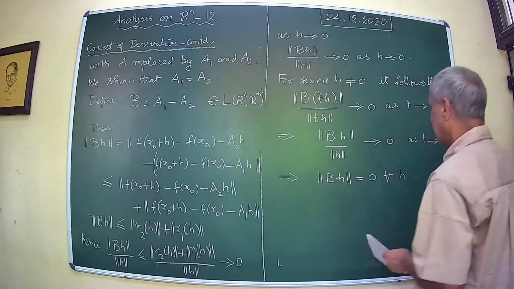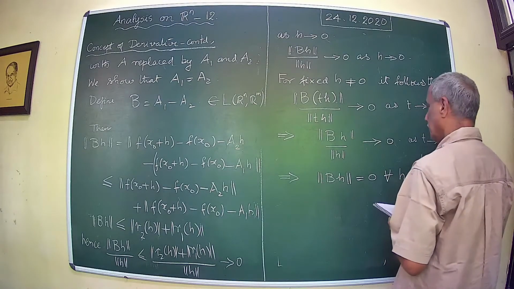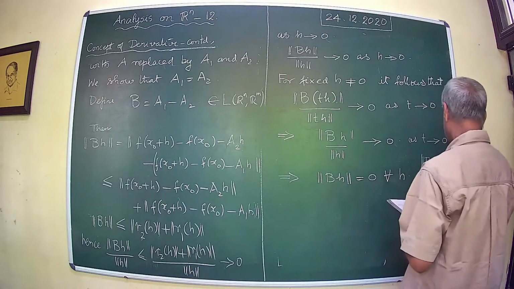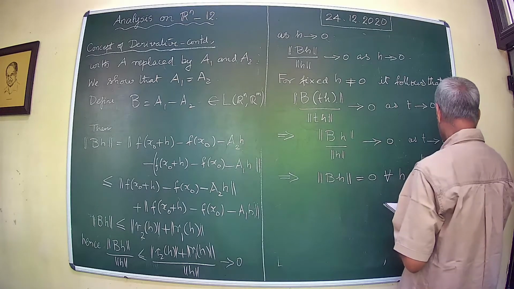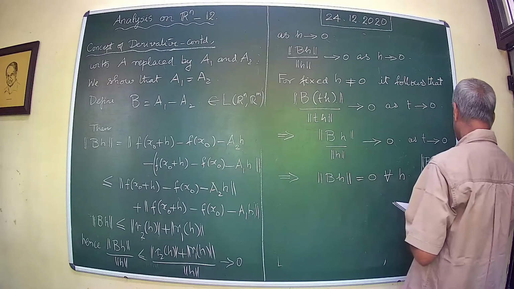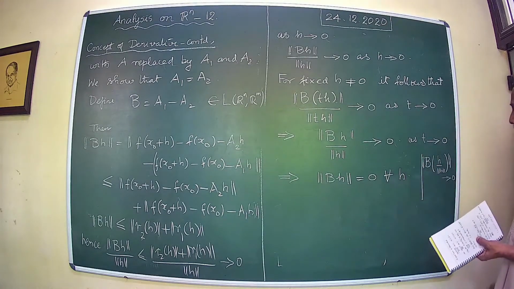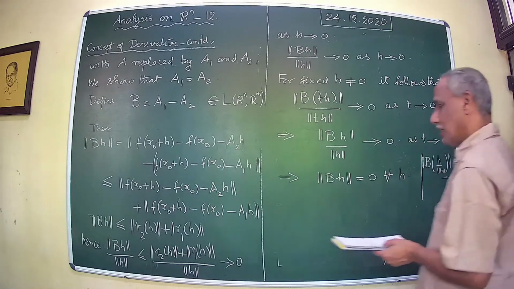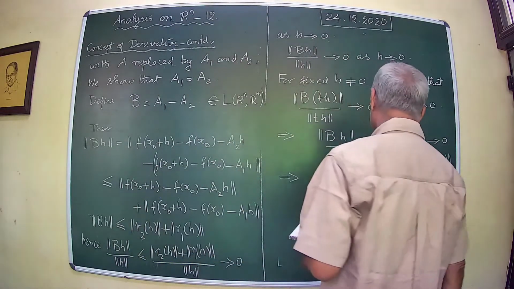In fact, what you have is this: norm of B of h over norm of h tends to 0. So B of a unit vector goes to 0. The choice of h is arbitrary. Therefore, B of every unit vector goes to 0, which in turn means that B h equal to 0.